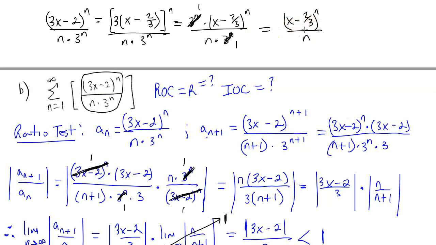Okay. And so this is another form of what we dealt with here when we did the ratio test for our a sub n. We just kept the factor of 3 in there. Okay. And again, we see here that in the numerator we should have something that looks like x minus a, so that a is going to be the 2/3 there.